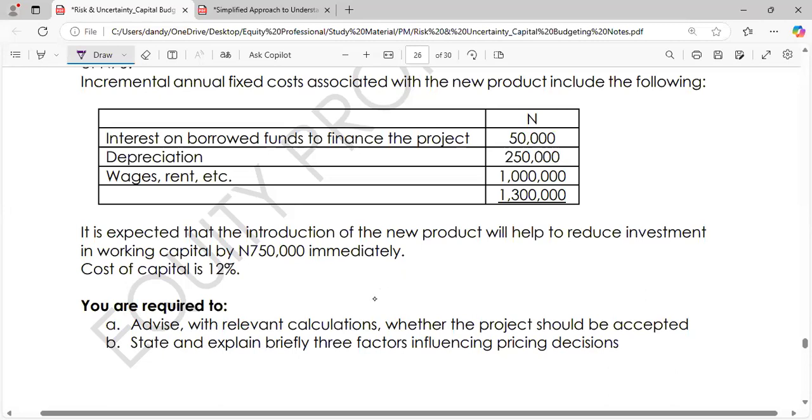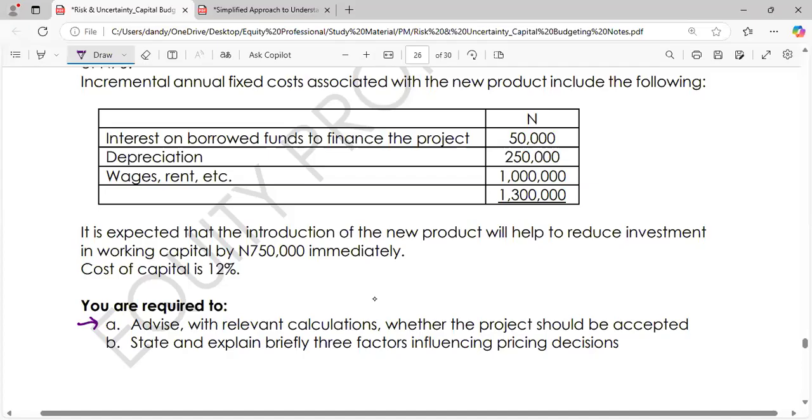The examiner is asking you to advise whether the project should be accepted. Okay, so whenever you are required to advise, evaluate, or determine financial viability of a project, what the examiner is expecting you to do is to calculate NPV.